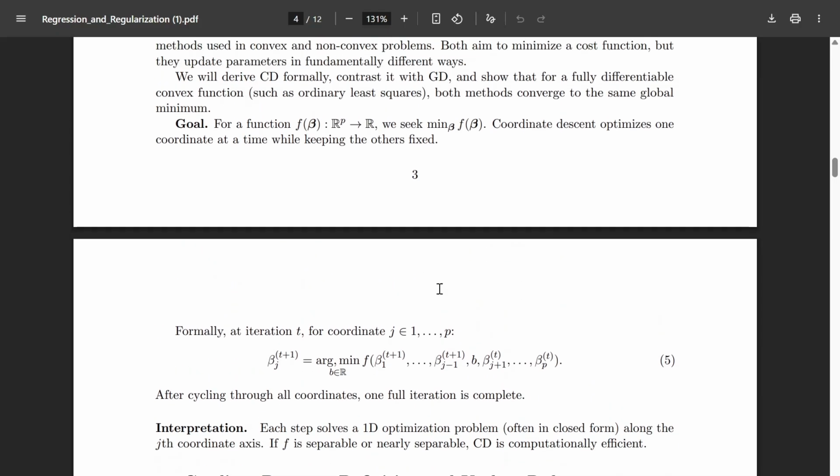Coordinate descent optimizes one coordinate at a time while keeping the others fixed. It keeps all the other parameters fixed.